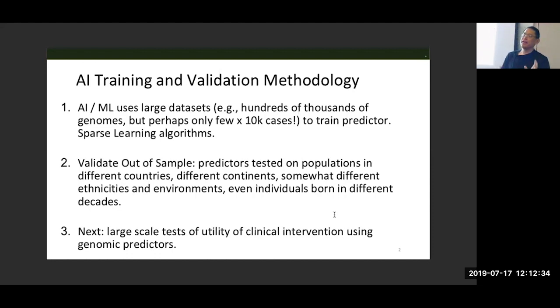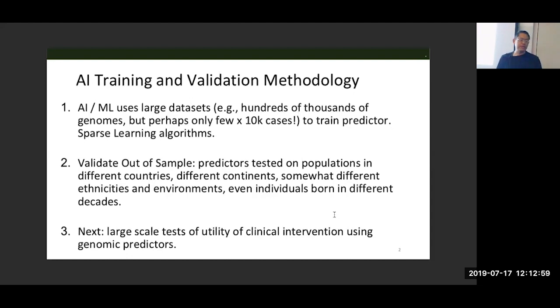But even for the most complicated phenotypes, we don't need more than a few tens of thousands of individual SNPs. Most of those 1 million SNPs are not activated in the predictor and don't need to be. It's maybe 30,000 or 1,000 that we need. That's a sparse learning problem, because most of the features shown to the algorithm are not actually useful.